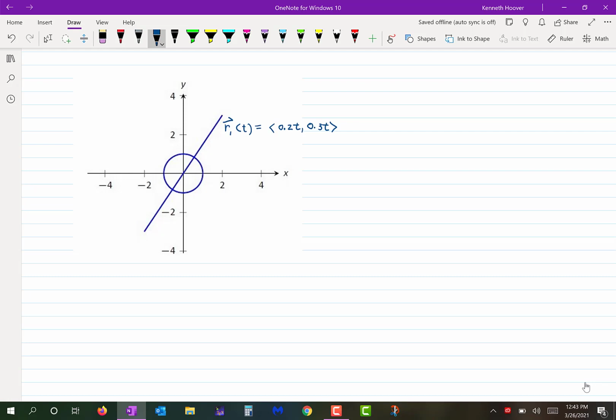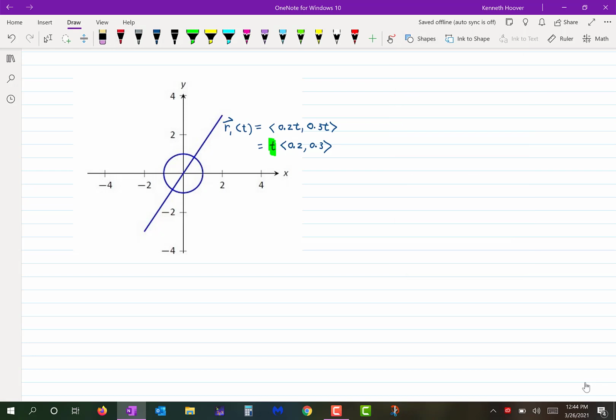Well, because that's the same thing as saying t times the vector 0.2, comma 0.3. So you get the vector 0.2, 0.3 with all the different scalings of that vector. You see, the t scales the vector, right?